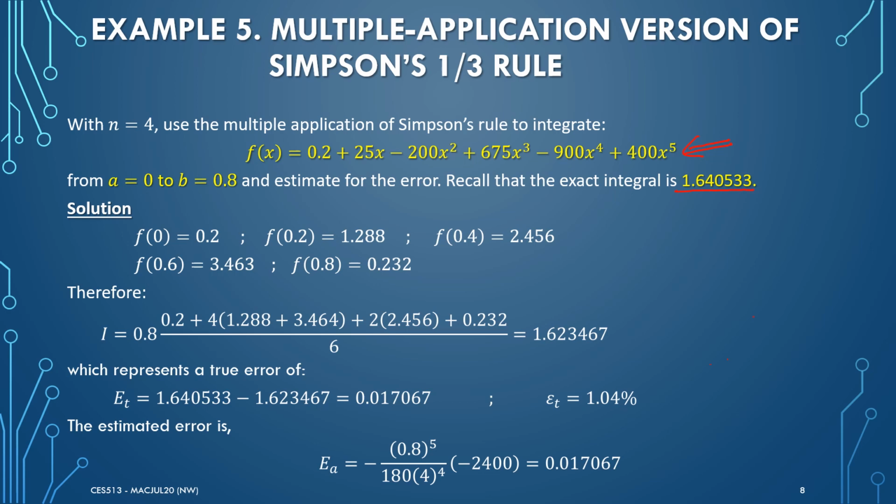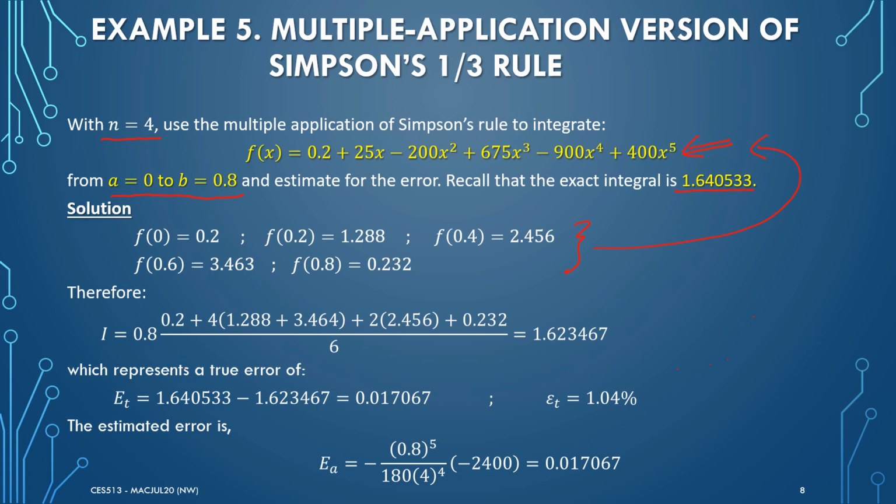Okay, for the solution, since we have a segment number of 4, then we will have 5 points. This is obtained from dividing b minus a by 4, the number of segments. Then substitute all the point values inside this equation to get the individual values for the functions.